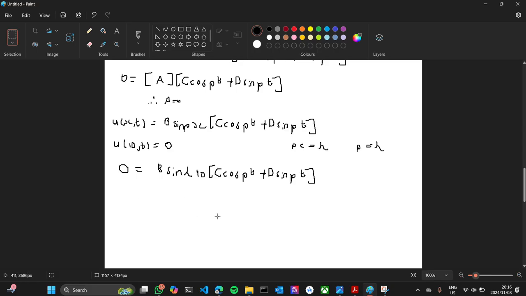Now, again, what is the value of one of these factors, these terms, that is going to give us 0? We can't have it be B, unlike we had it being A before, because if B is 0, then this whole solution is 0 for all values of t, for all values of x, which basically renders the solution useless to us.